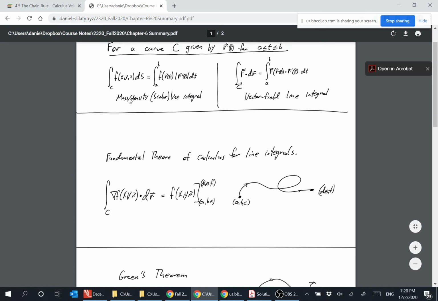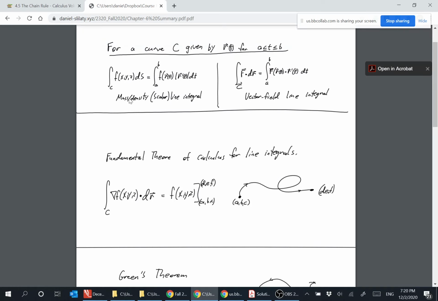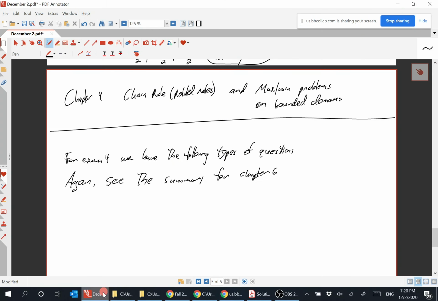It's all spelled out there. Number 1, calculate a scalar line integral.